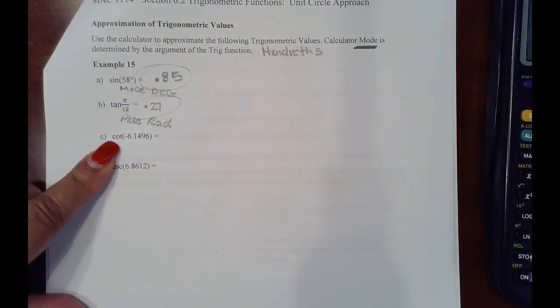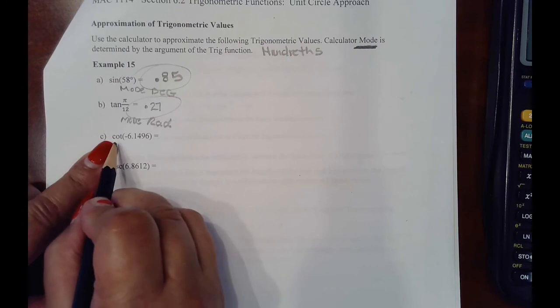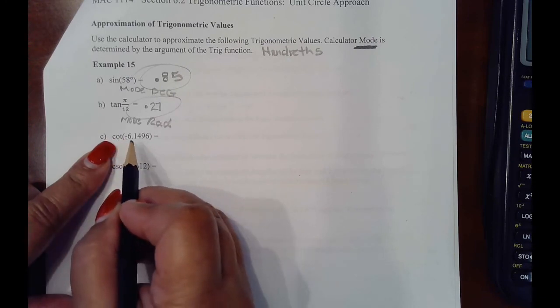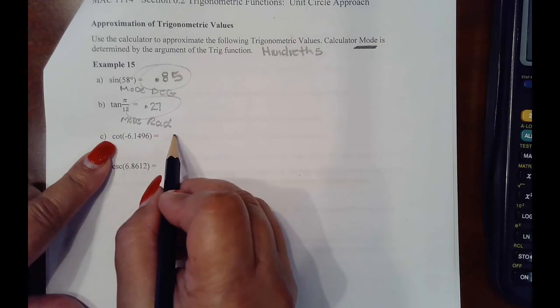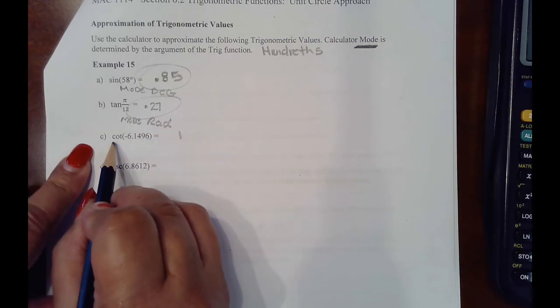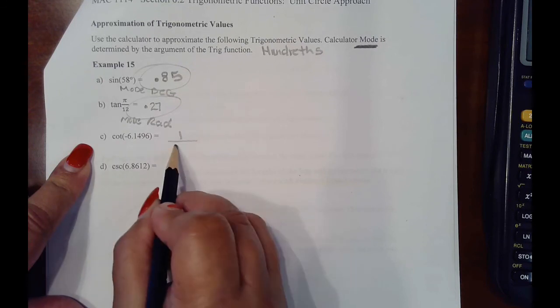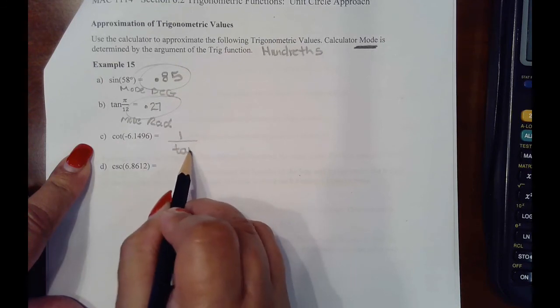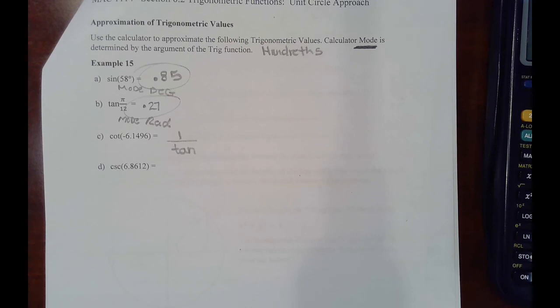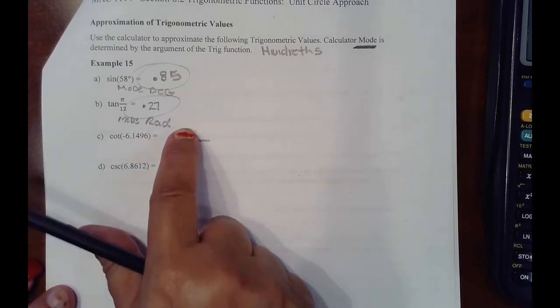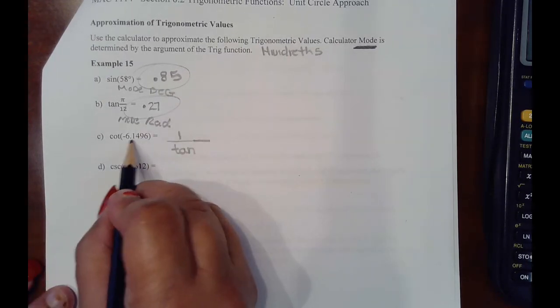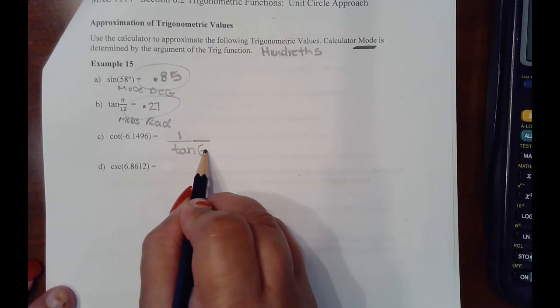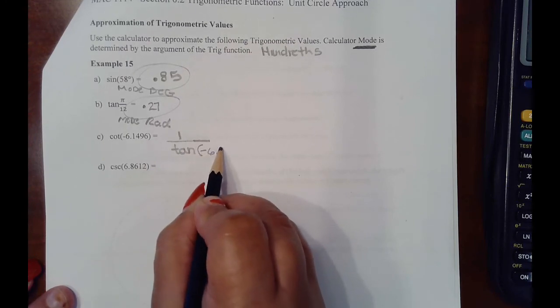Then here you don't actually have a key, but remember that this is the reciprocal to tangent. Cotan and tan are reciprocal cousins. Knowing that this is related to tan, you can write it as the reciprocal of tan. This is another way of writing reciprocals: 1 over whatever you're the reciprocal to. So we can press it in the calculator like this, 1 over tan, and that argument right there goes right here.